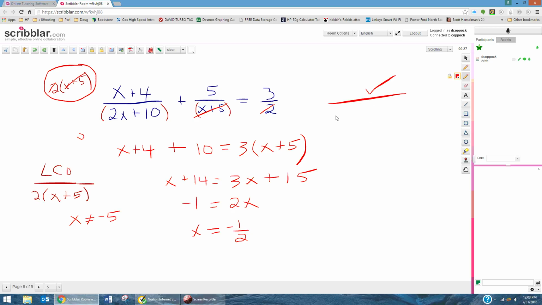you'd go -1/2 plus 4 over. If I put -1/2 in here for X, I get -1 plus 10 is 9. Plus 5 over. Put -1/2 in here, I get 4.5 or 9/2.